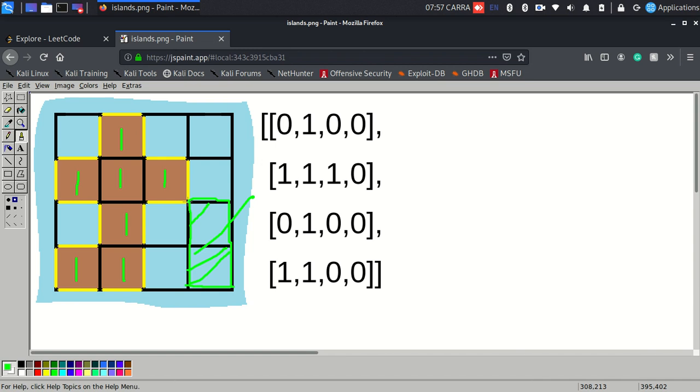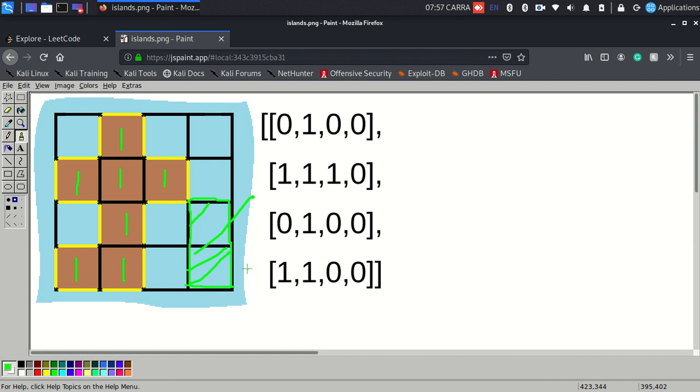But as soon as I take one island with perimeter 4, take another island with perimeter 4, and join them up by any side, the side they are joined with is subtracted, because that is the common side and it lies inside the island. So that should not be considered as perimeter. That's why the answer is 6 in this pseudo example that I've taken.